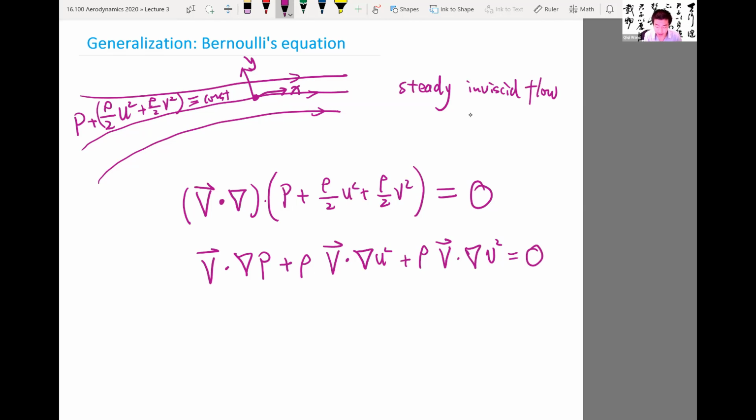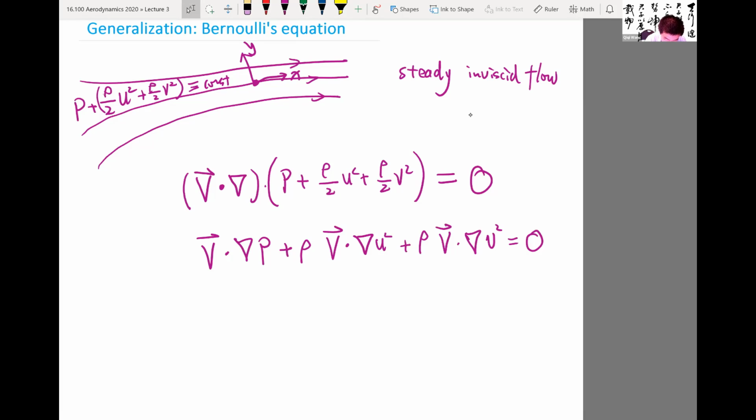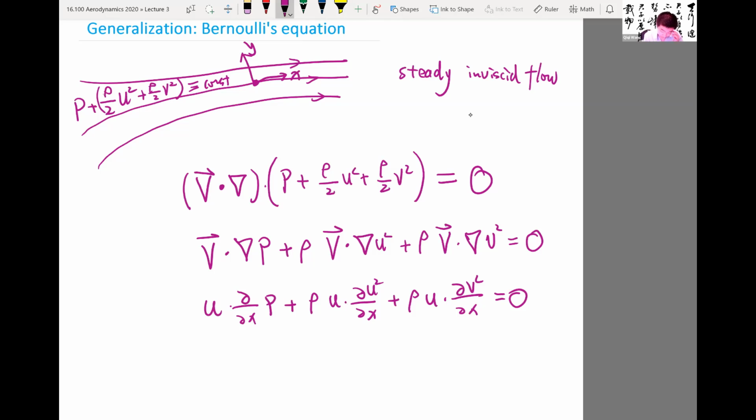That's where the physics of this equation becomes obvious. At that point, the directional derivative is just u times d dx, plus rho u times d dx of u squared plus rho u times d dx of v squared is equal to 0.